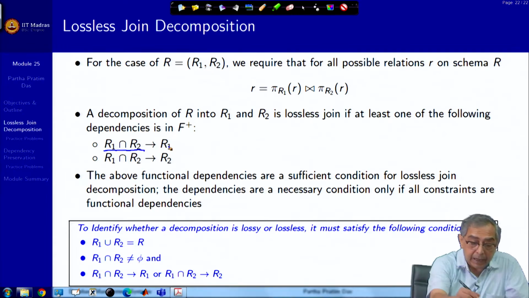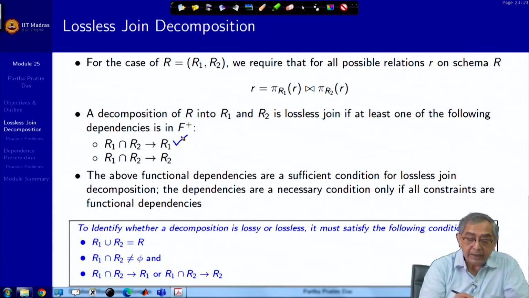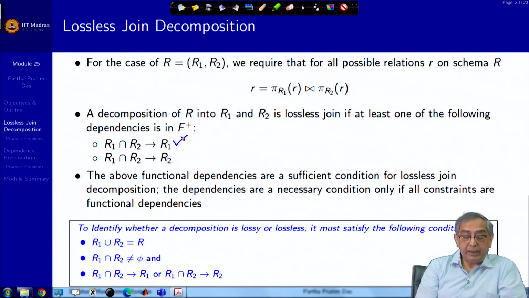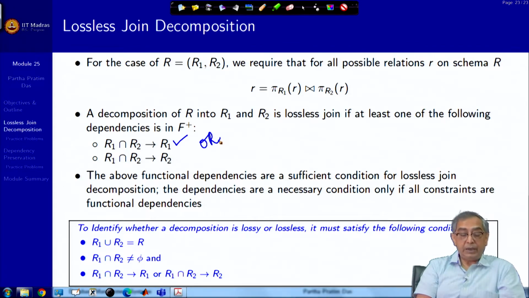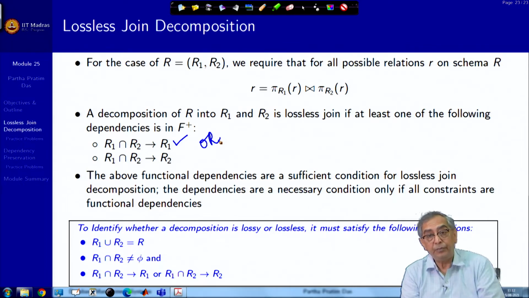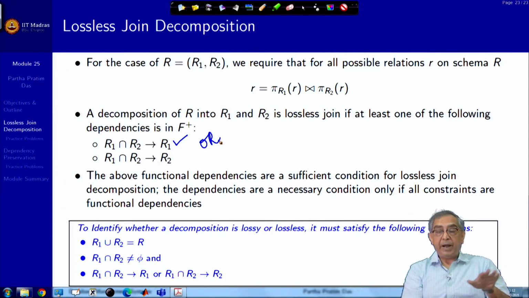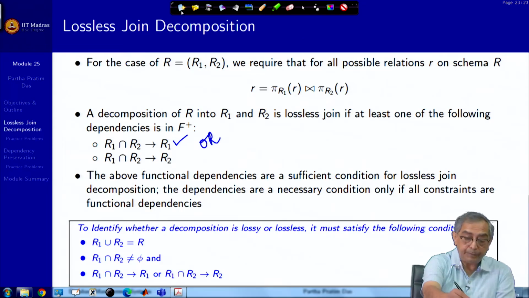So, you can have that R1 intersection R2 is a key in R1, or R1 intersection R2 is a key in R2. It does not matter if it is a key in both, but that is not required. The sufficient condition is that the intersection set must be a key in one of the two relations into which you have decomposed.